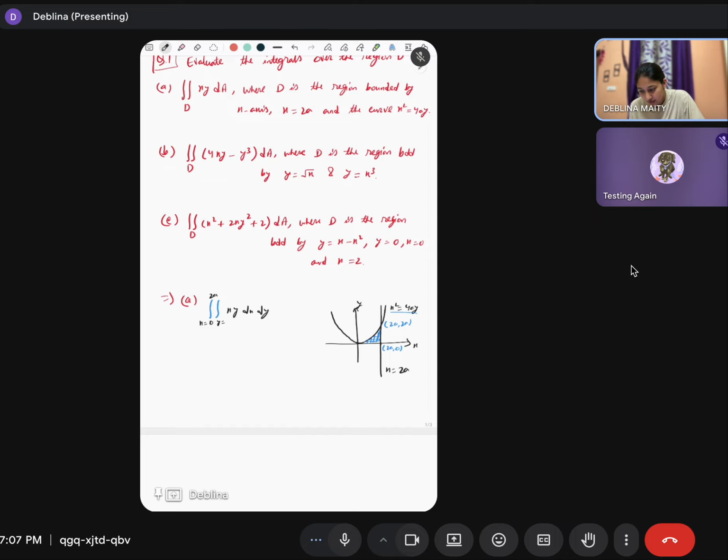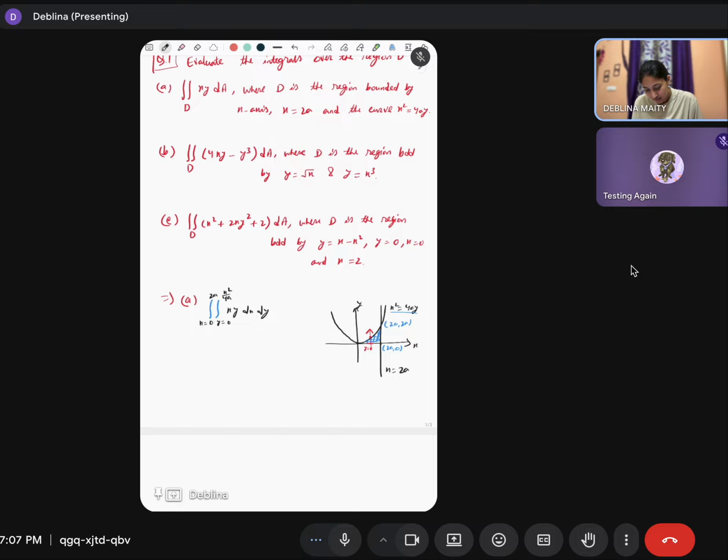Here y is the line y equals 0, and at this point y is x square by 4a.